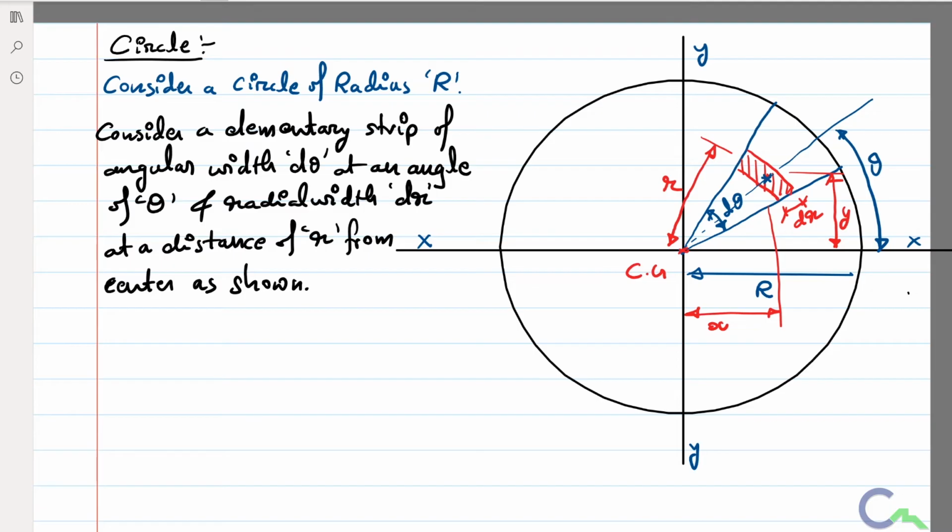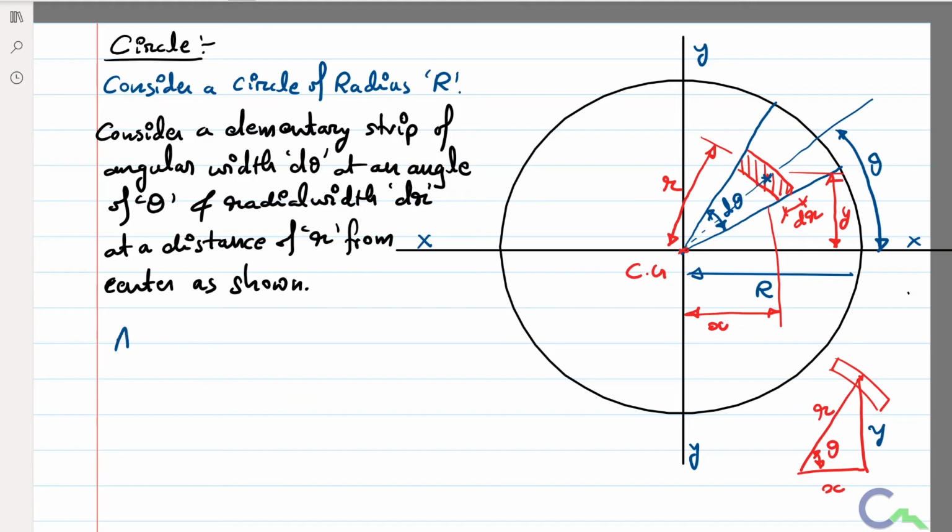So I can take that triangle separately like this for my reference. So this angle will be theta, and this is the CG of the elementary strip, at a distance of x from the YY reference axis, at a distance of y from the XX reference axis, and the hypotenuse I can take as r.